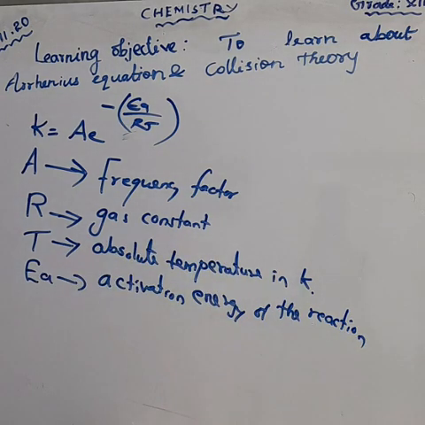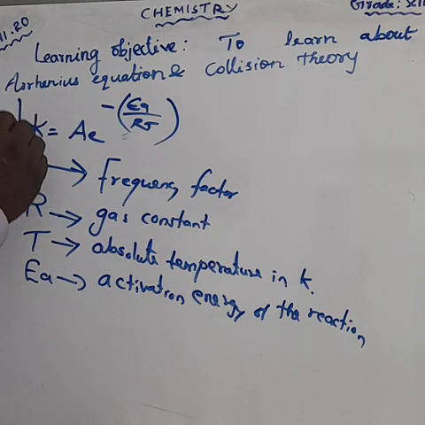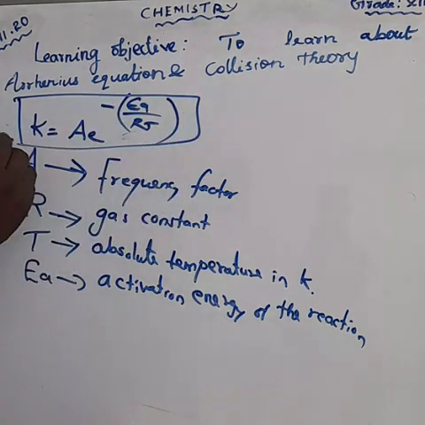Anyhow, Arrhenius proposed a relation between the rate constant and temperature. The formula is k = A e^(-Ea/RT).